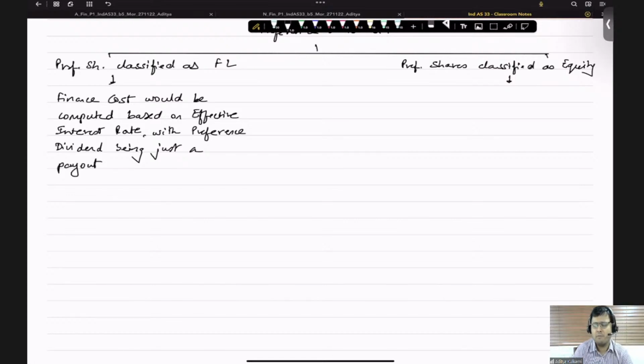So therefore, preference dividend which is paid is just going to be a payout. It is not hitting the P&L anywhere. What is hitting the P&L is the finance cost.